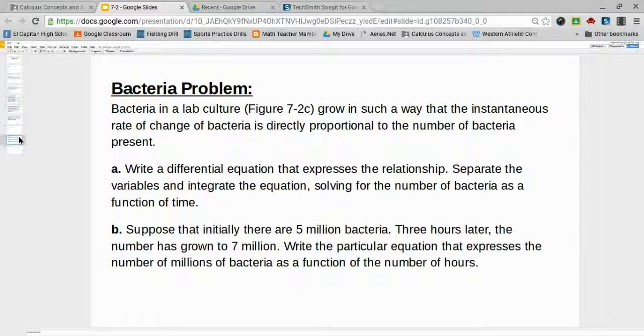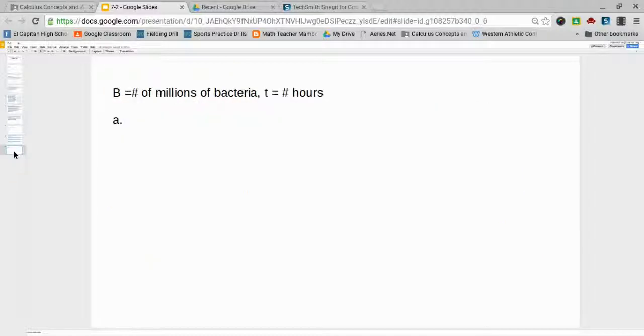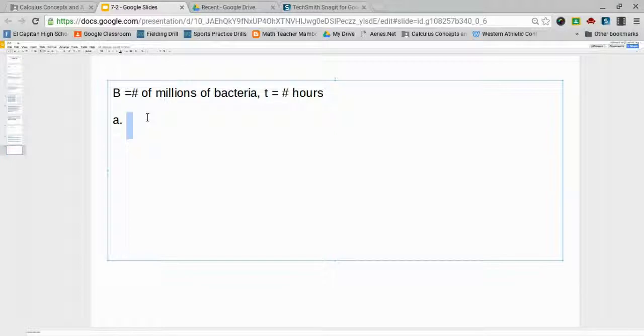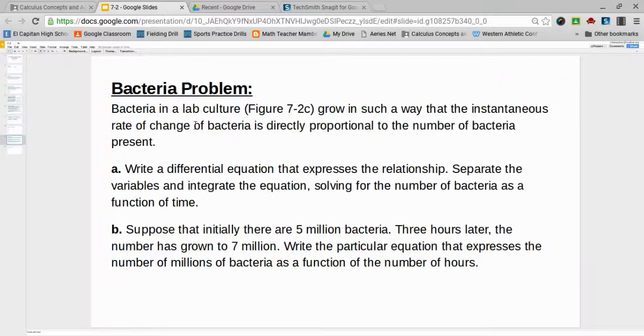It says write a differential equation that expresses the relationship. So my differential equation would be dB over dt. So there's my derivative of B with respect to time, where B is the number of bacteria in millions, equals, and here's where that first part comes in handy.